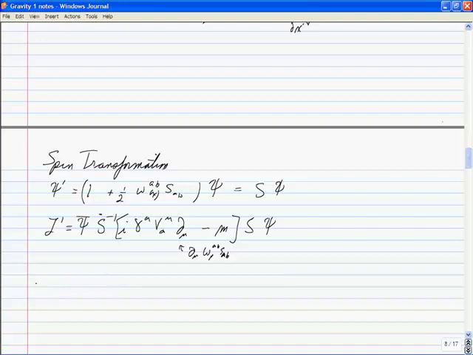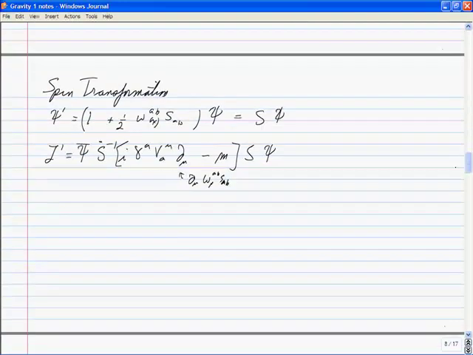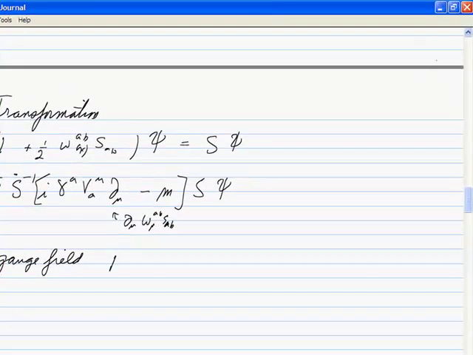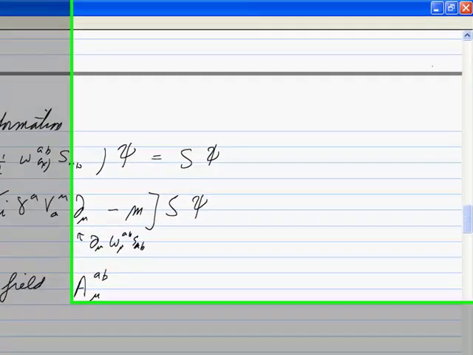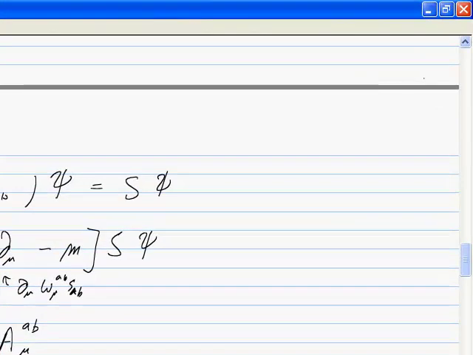So what's the answer? The answer is, of course, you have to add a new gauge field. Okay? So we're going to now add a new gauge field. It'll be A_mu^AB. So the mu is because it's going to go in a covariant derivative with the derivative.